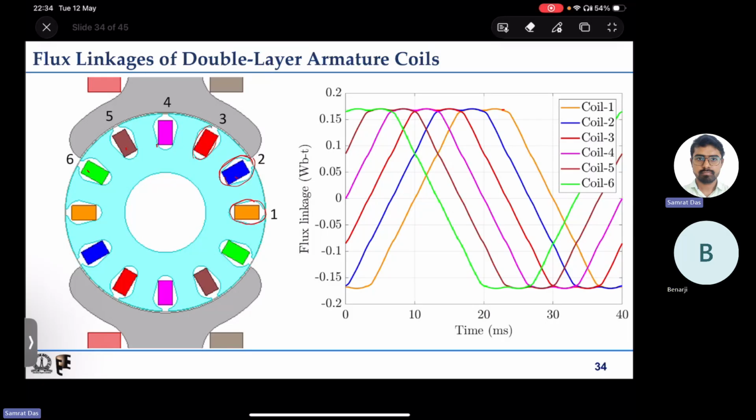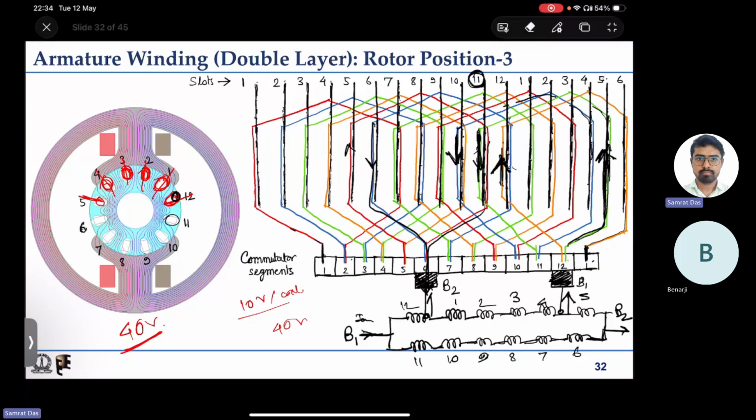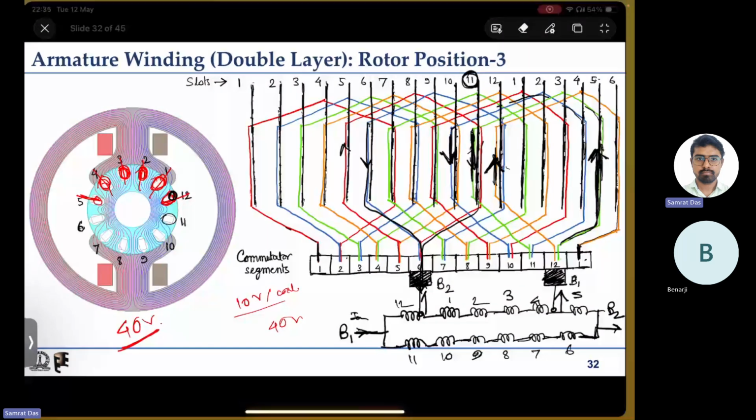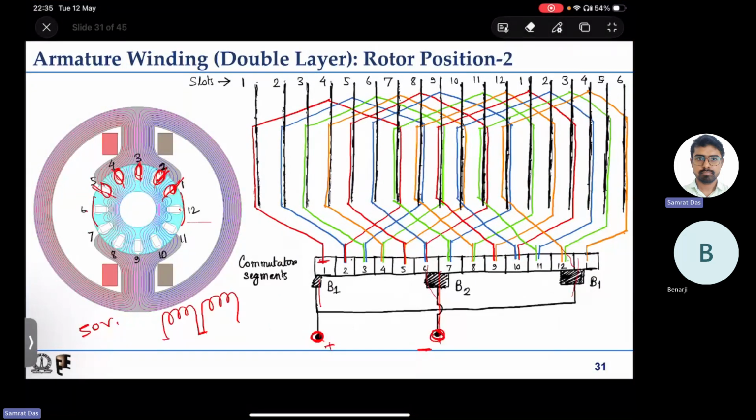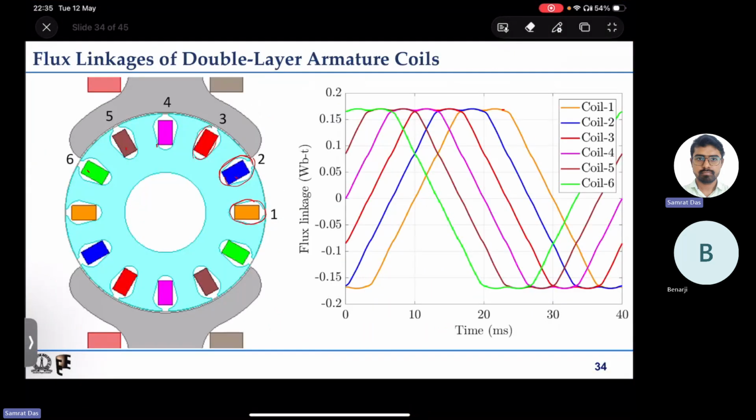So for this rotor position, what was our rotor position here? It is like nothing is in the magnetic neutral axis. We'll discuss this again once more. I'll clearly indicate the time instant so that it is clear.